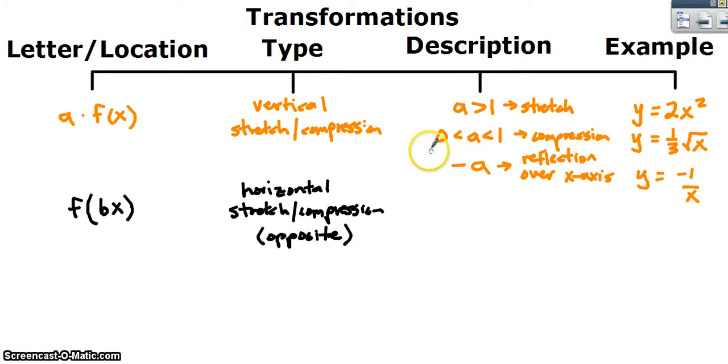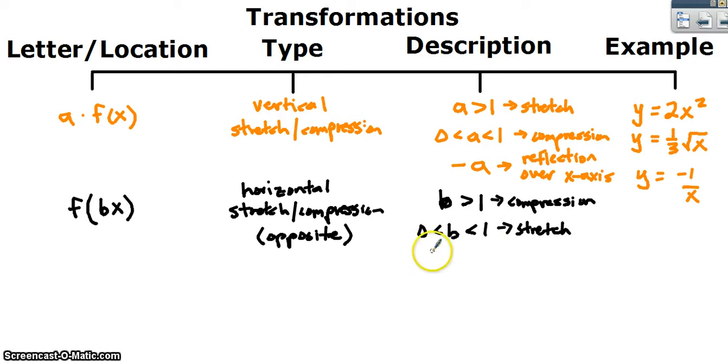Just like the a, except it's opposite. So if b is greater than 1, that's going to be a compression, opposite. And if b is between 0 and 1, that's your stretch. And then if b is negative, that's going to be a reflection, but this time over the y-axis.